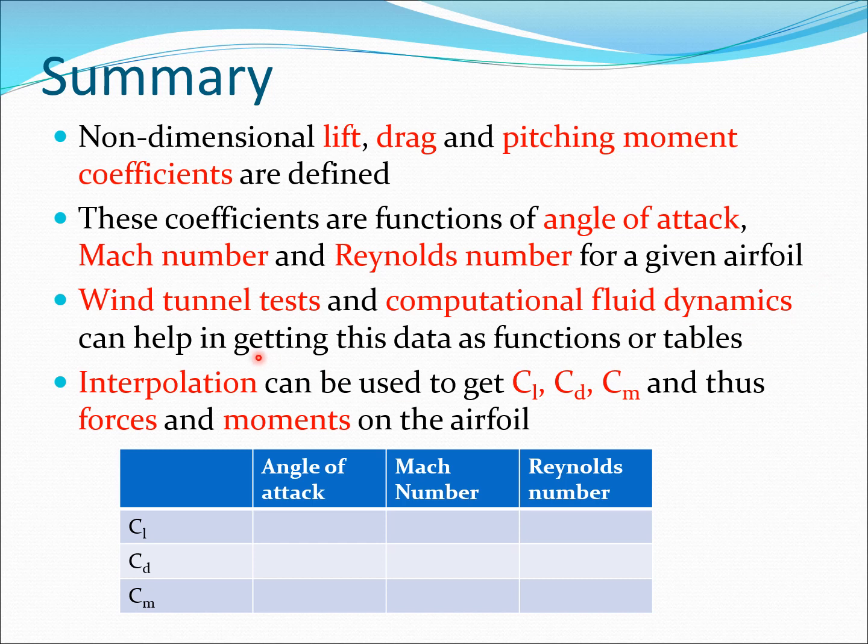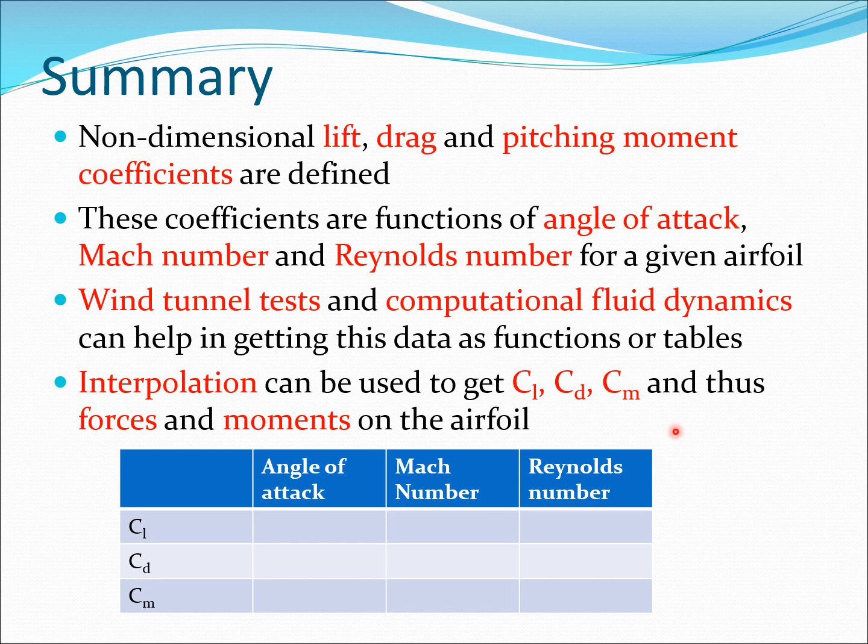And wind tunnel tests and computational fluid dynamics can be used to get all this data as functions or tables. And these are essentially obtained at a variety of points. And then if we are at a particular point in terms of alpha, Reynolds number and Mach number, we can use numerical interpolation to get the precise values of CL, CD and CM.